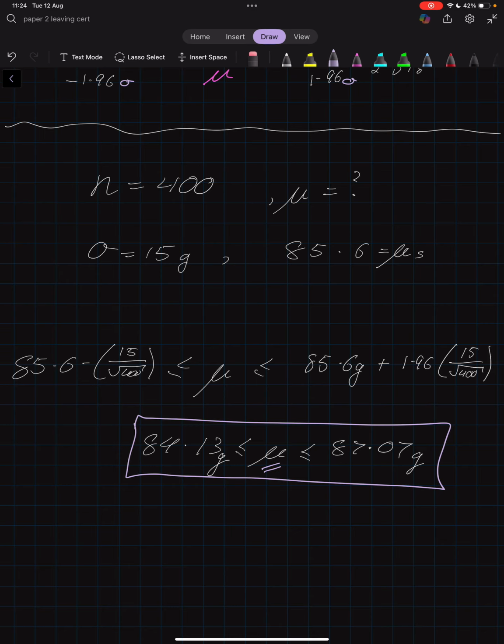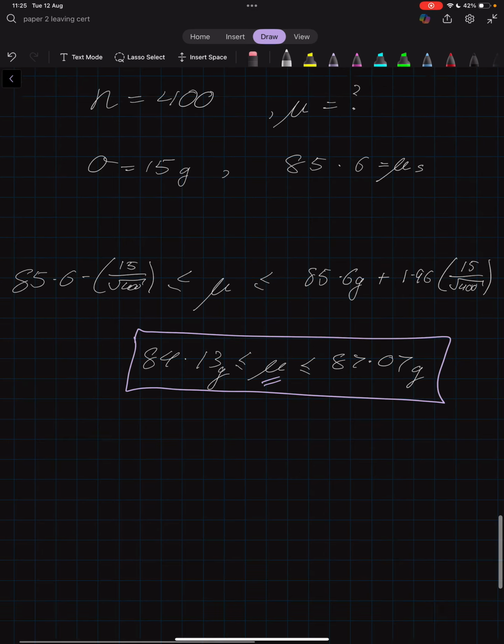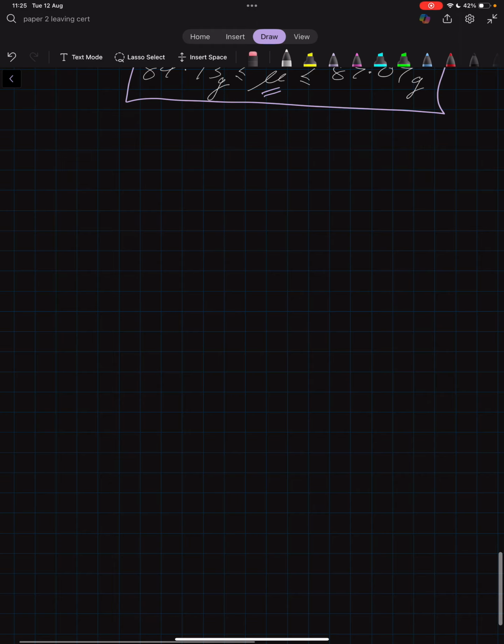So I might just do maybe one more. Okay. Yeah, I'll just do one more, and I think I might leave that at that then. So it is a random sample of 40 women. So again, sample, you're told N is 40. Grand.